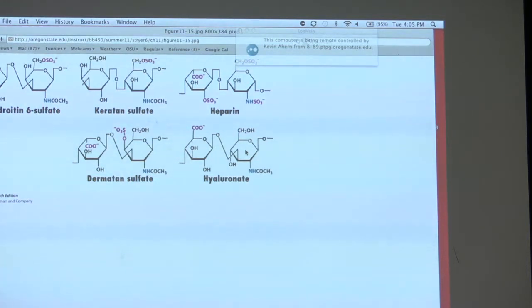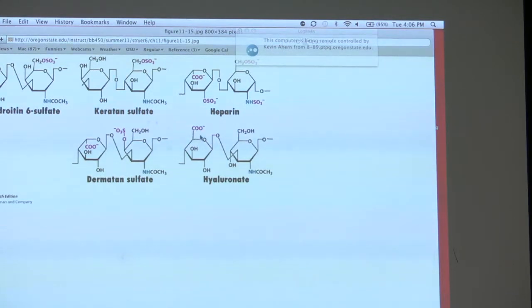Hyaluronic acid in synovial fluid has a molecular weight on the order of millions. So many thousands of copies of this disaccharide are linked, one after the other. The other property is that every one of these units has very negative charges sticking off of them. There's a carboxyl group here, here's a sulfate, another carboxyl, another sulfate.